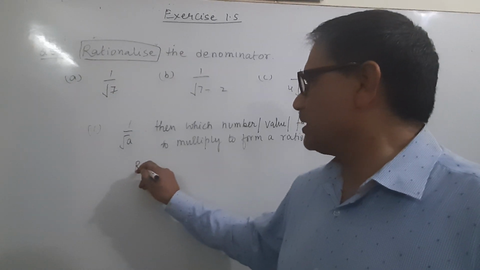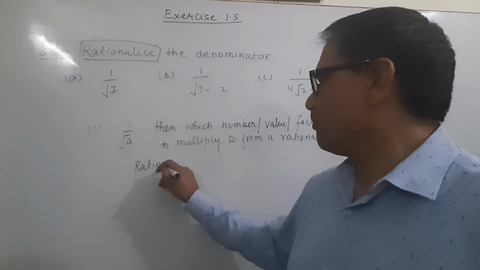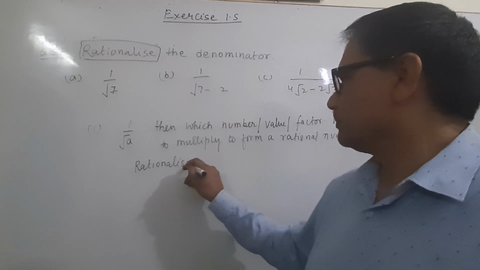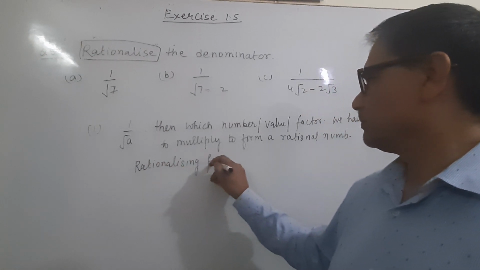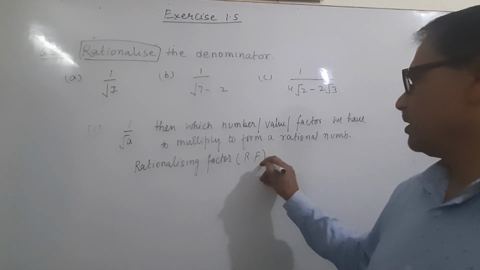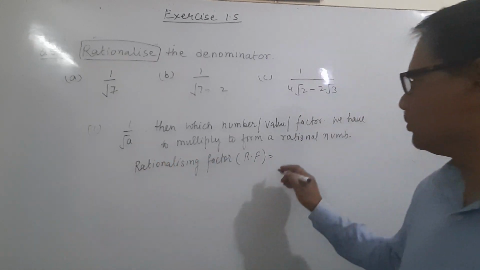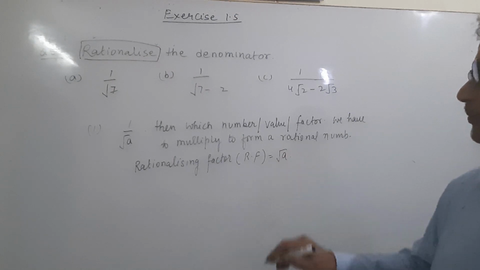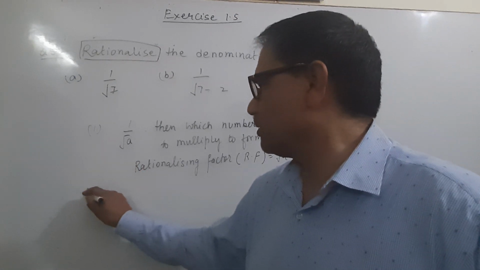By which number do we multiply? Root a. And there are some examples also.